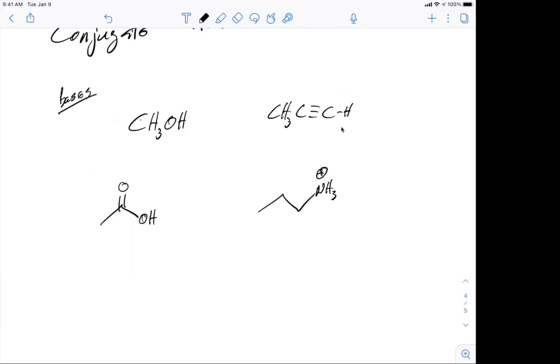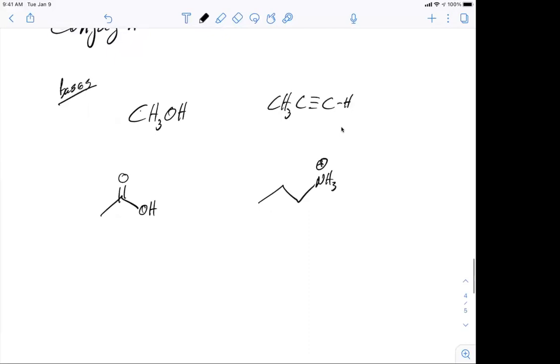Okay, so let's draw the conjugate base for these four. Let me give you a couple more. Let's try these 5.